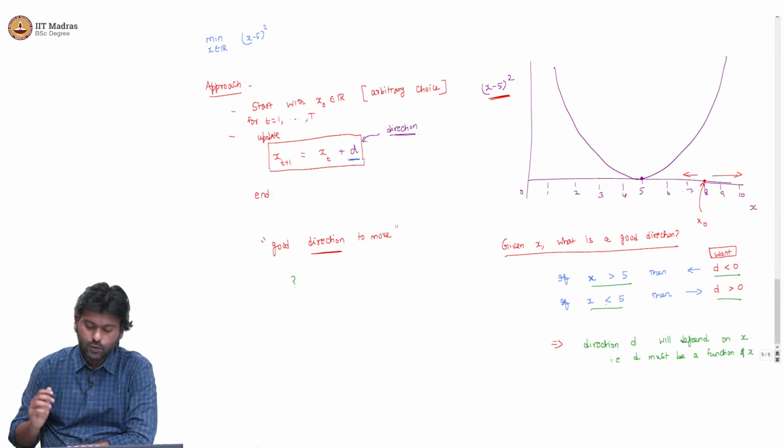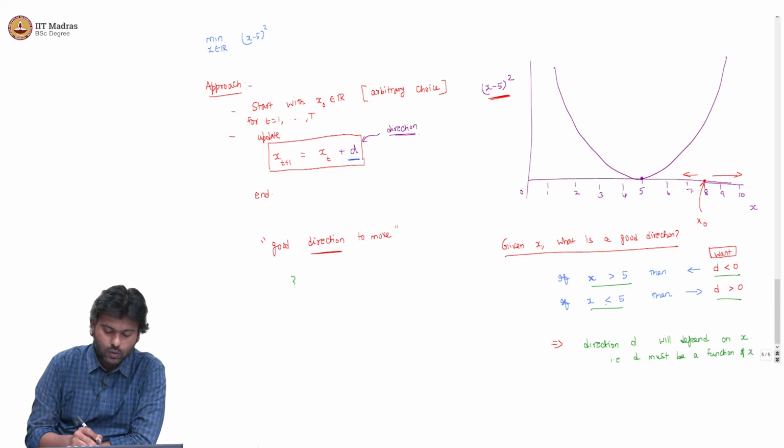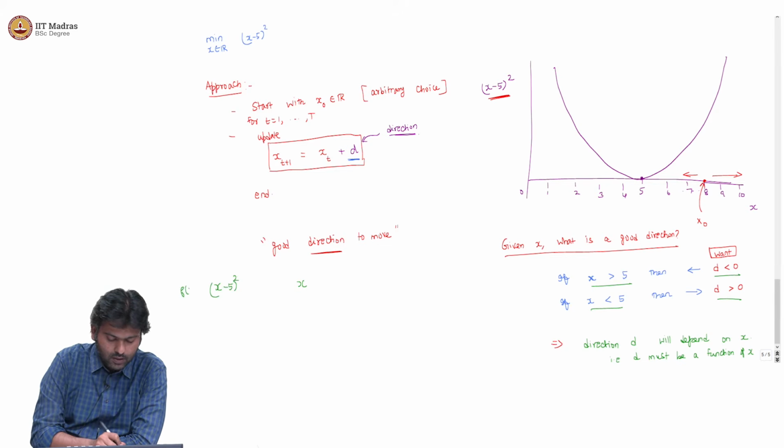So, what I want to do is I am going to look at the derivative of the original function at the point of interest, right. So, let us say we are at a particular x, the function remember is x minus 5 squared, this is f of x.